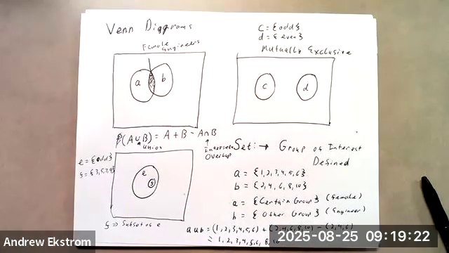Hopefully you remember that 3, 5, 7, and 9 are odd numbers. What is E? All odd numbers. So 3, 5, 7, and 9 are odd numbers. Because of that, we can say that F is a subset of E.